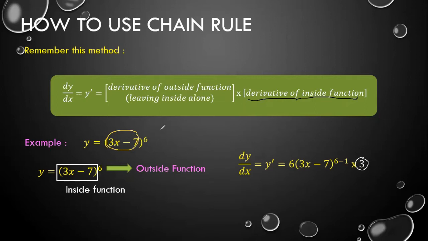So the derivative of the inside function is 3. The derivative of 3x minus 7 is 3. So that's why we have to multiply dy over dx by 3.